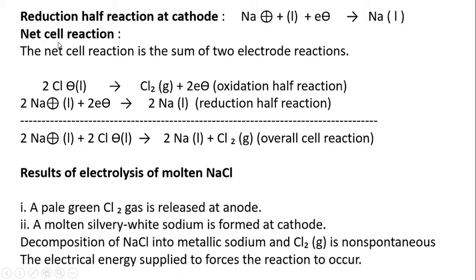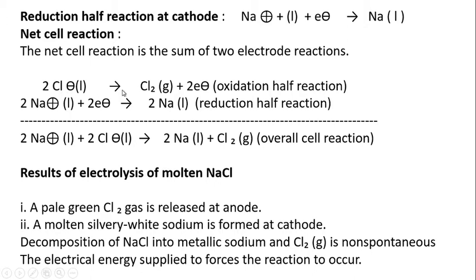So what is the net cell reaction? The net cell reaction is the sum of the reactions taking place at the two electrodes. The first one is the oxidation half reaction and the second one is the reduction half reaction.